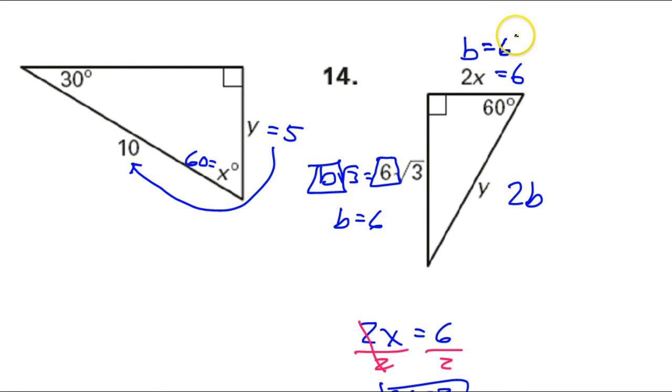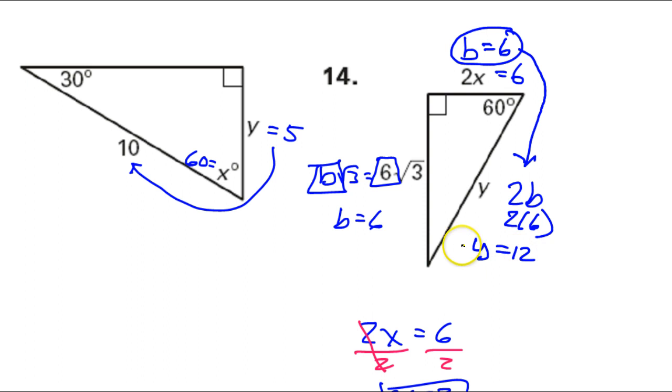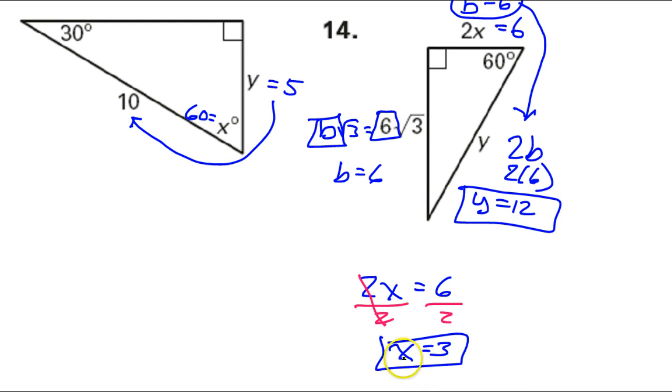Now the hypotenuse, we should be able to get the hypotenuse by taking the short leg and doubling it, 2 times b. So of course, 2 times 6 is 12. So that's why y is going to equal 12. So y is 12, and meanwhile x is 3. Okay, and overall it makes sense. Hypotenuse is 12, half of that is short leg is 6, and then the long leg is 6 radical 3. So it does make sense.